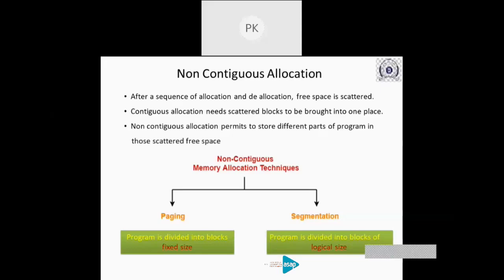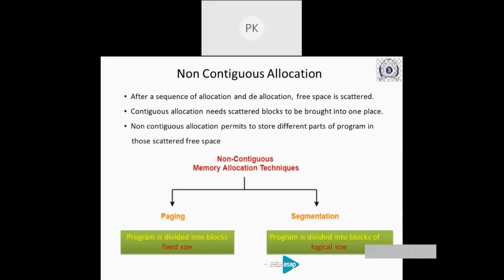When we divide the process into equal size fragments, it is called paging. If we divide the programs not in terms of bytes, rather when we go for a logical type of division, like main program, function, stack, a program will contain the main program and different functions, and it will contain macros, then stacks.